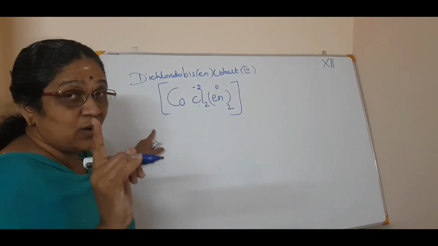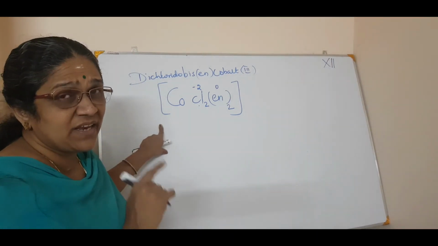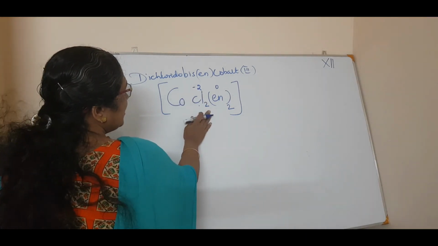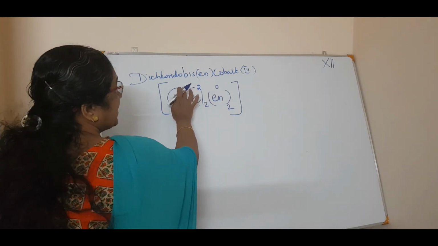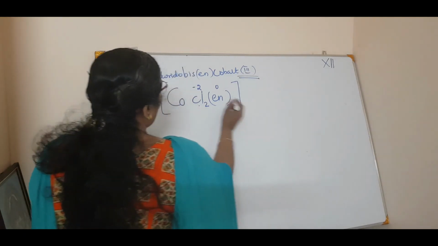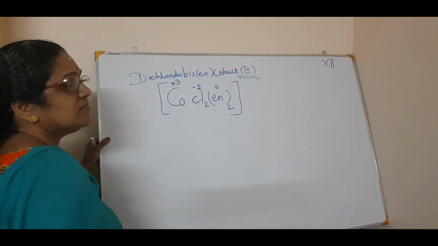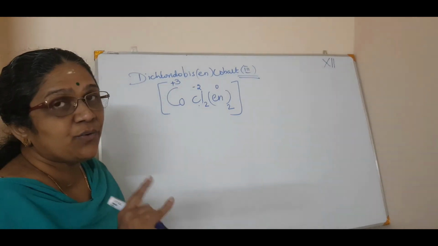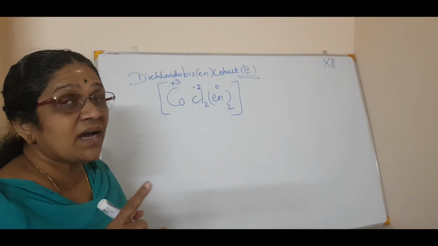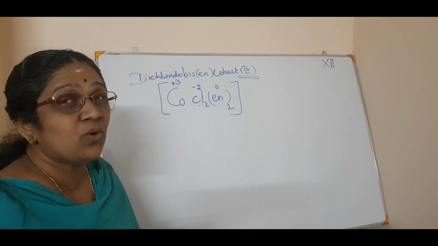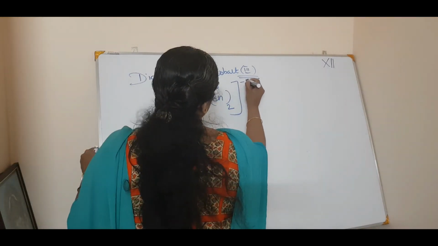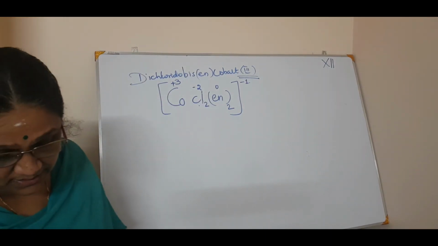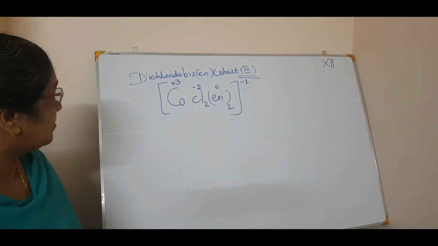Correct? Now listen very carefully. It's very important. This we will look, -2 only is there. So what do we do? This is 0. So we will put +2. But in this you have given it is +3. It is +3, it is given as +3. That is the speciality of this. So what should come? -3 should come, right? Only -2 is there. So what comes here? There is a charge here as -1.